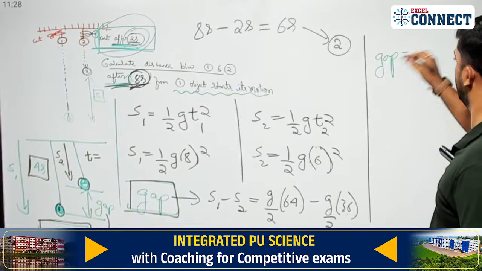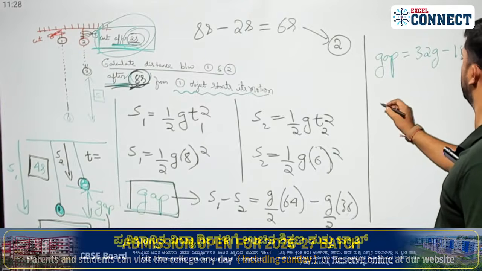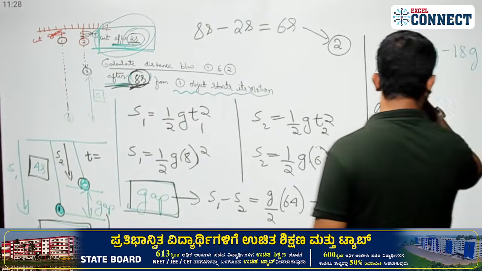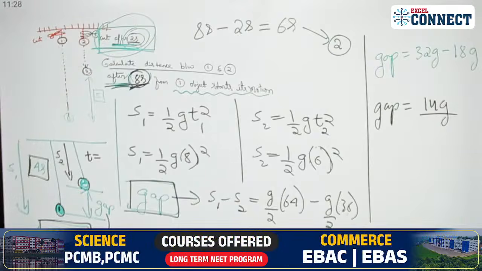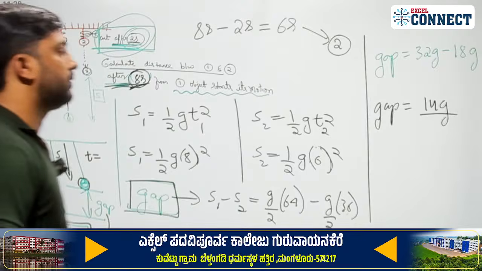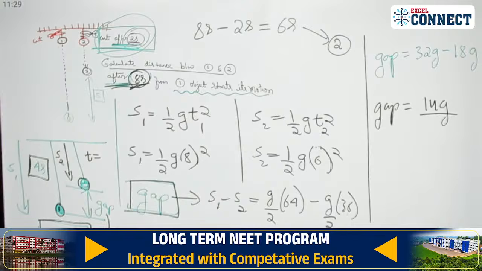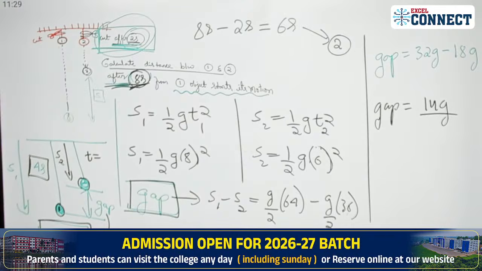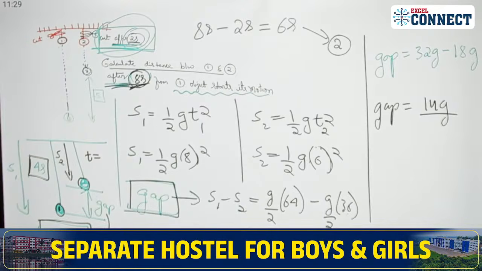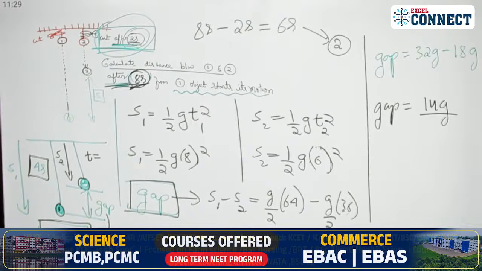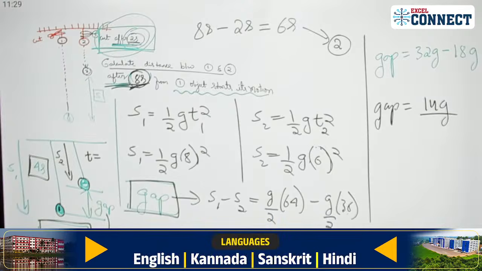If you want to calculate the gap, it is 64 by 2 is 32G minus 36 by 2 is 18G. What is the gap here? It is 14G, right?